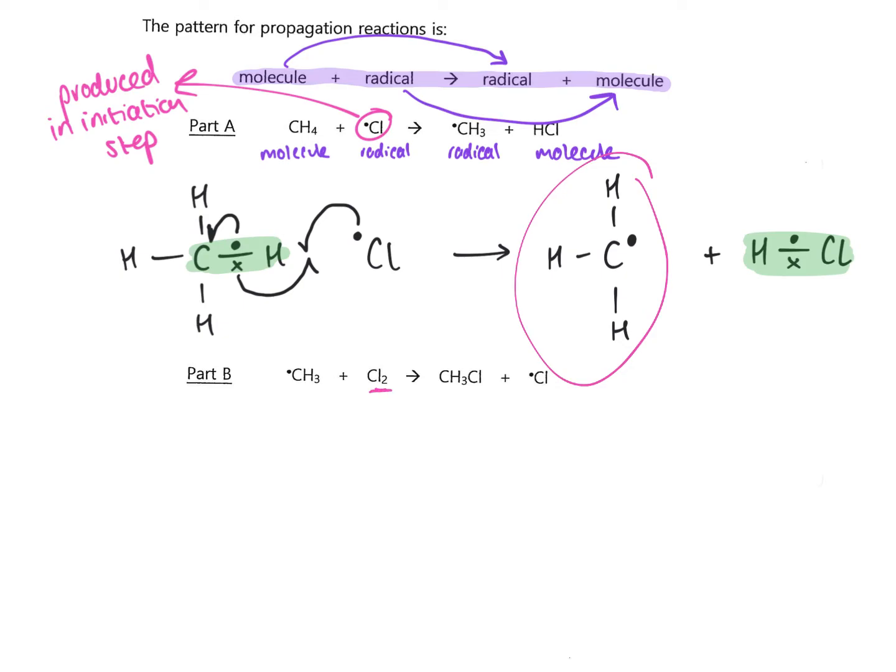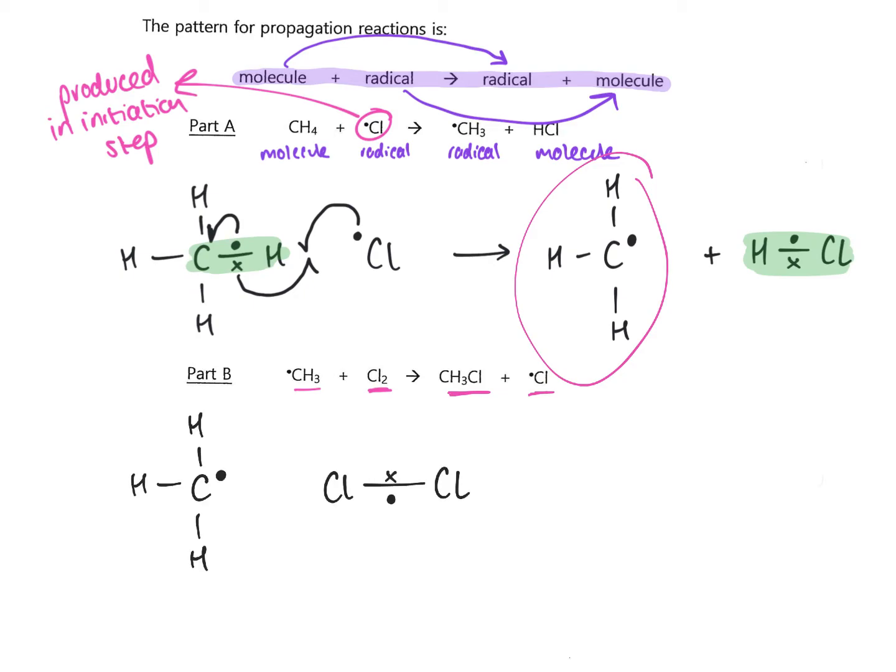So the equation is represented there. Here we've got a methyl radical reacting with a chlorine molecule to form chloromethane, and our chlorine radical is then regenerated and can go on and react with another molecule of methane. So in other words, part A starts again. But let's have a look at this mechanism and then we can have another look at that.